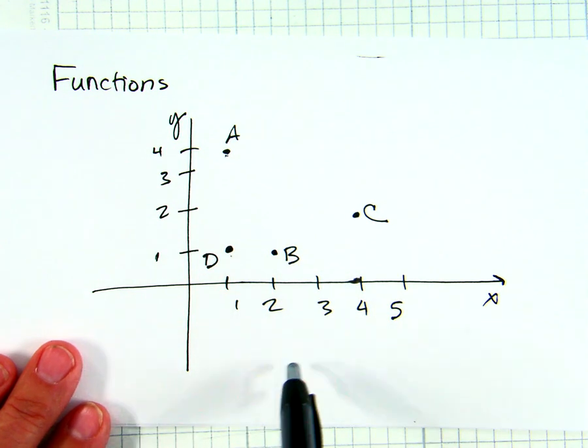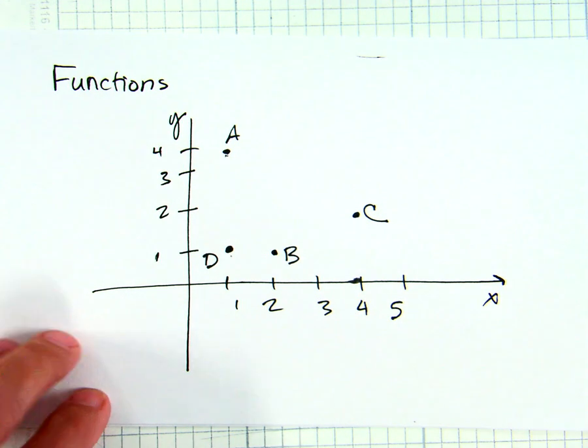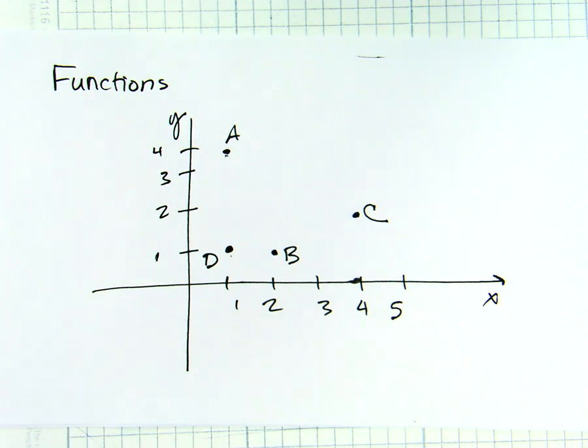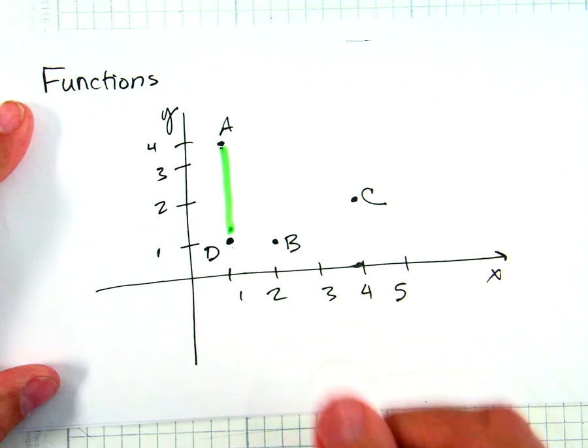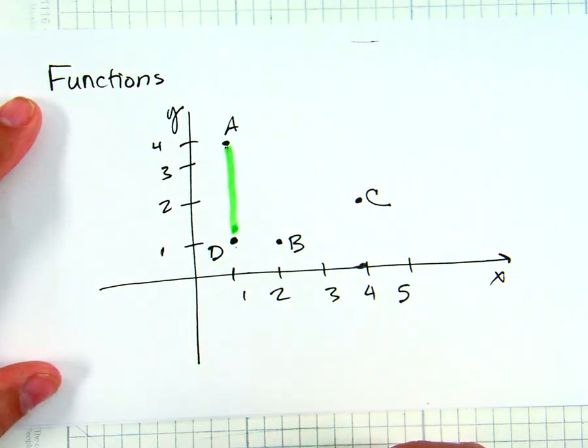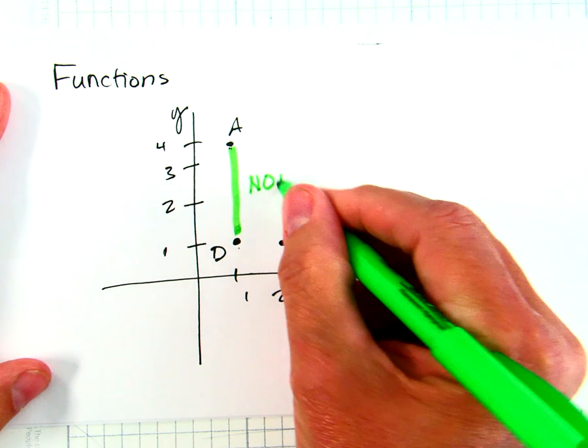And it's really easy to see because the A is right on top of the D. Whenever you do any function, or any possible function, and you see that something is exactly on top of something else, it is not a function, and it will not be.